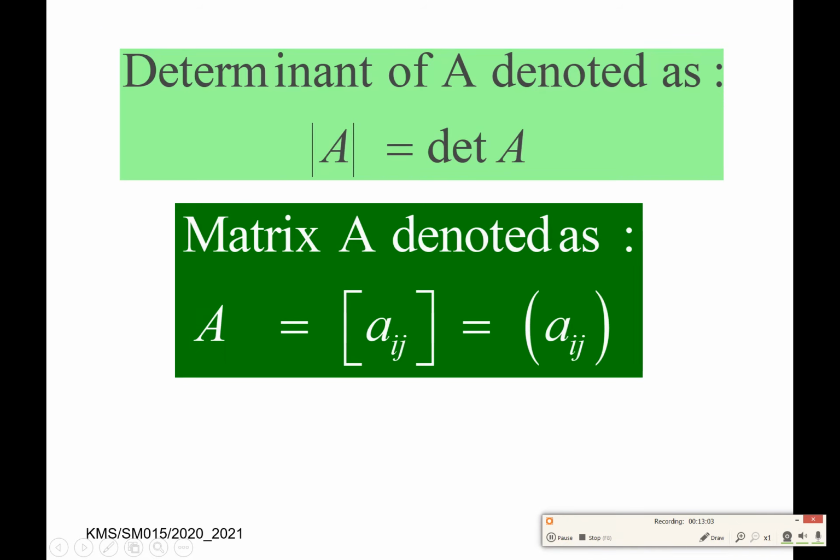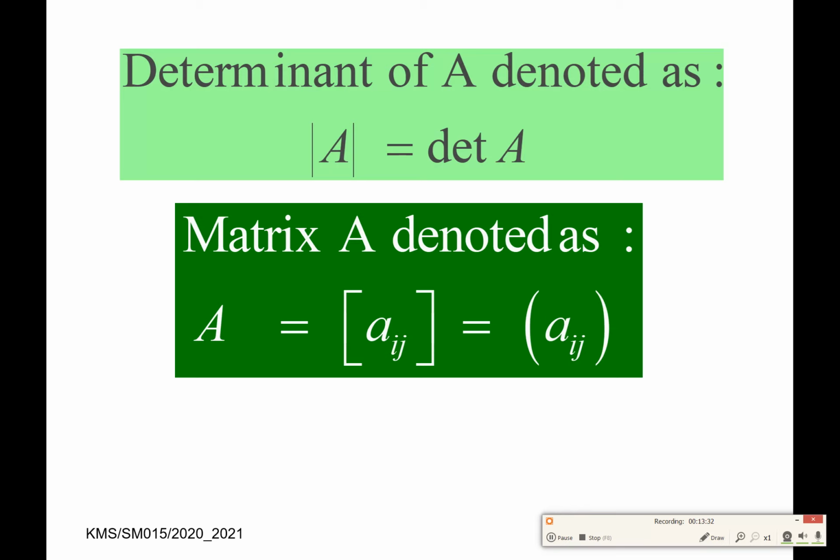So determinant of A denotes as, okay, you see here, absolute here. For the certain topic, we name it as an absolute value. But here, we call as a determinant of A, or that DET, the short name of this of A. Matrix A denote as A equals to this Aij, the bracket.